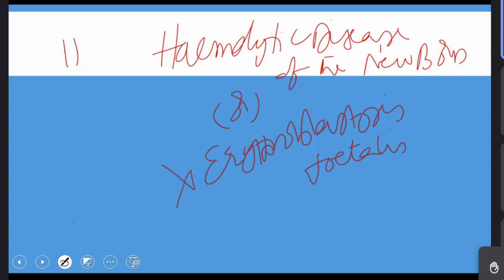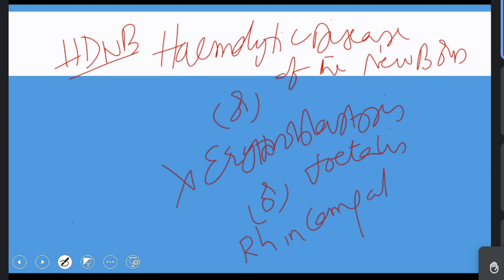We have to call it hemolytic disease of newborn, HDN in short. This is also called RH incompatibility. We are going to discuss RH incompatibility, ABO incompatibility, Bombay phenotype, blood group inheritance, how it takes place, what are the different genes that are required, the genotype of ABO blood group inheritance, in the evening class.